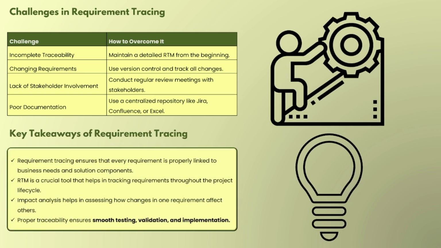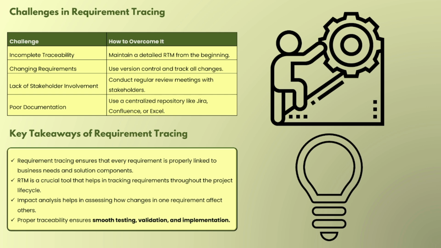And the final part is the key takeaways of requirement tracing. The first step of requirement lifecycle management is tracing the requirement. The conclusion is that requirement tracing ensures that every requirement is properly linked to business needs and solution components. The requirement traceability matrix is a crucial tool that helps in tracking requirements throughout the project lifecycle.